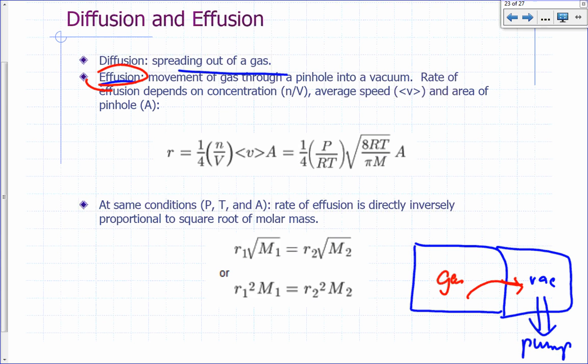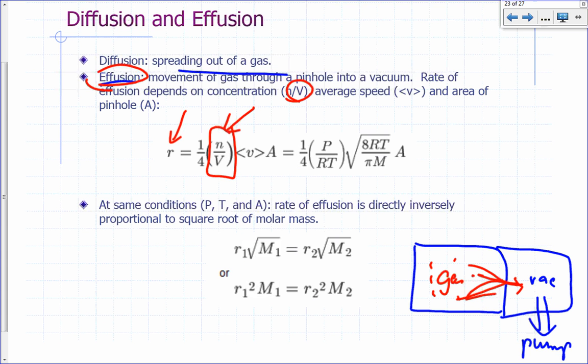Now the rate at which effusion occurs depends on the concentration of the gas molecules in your sample. Why is that? The more crowded they are, the higher the concentration, the more frequently they're going to hit that hole right there and be able to leave. So the higher the concentration, the faster the rate of effusion.